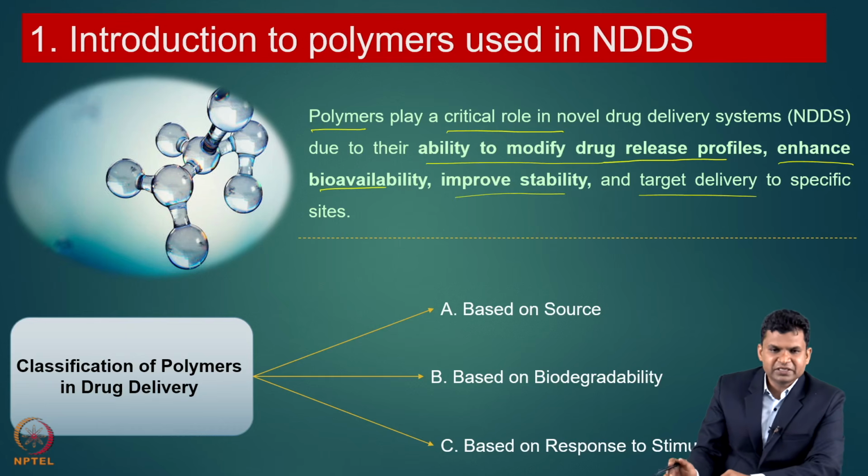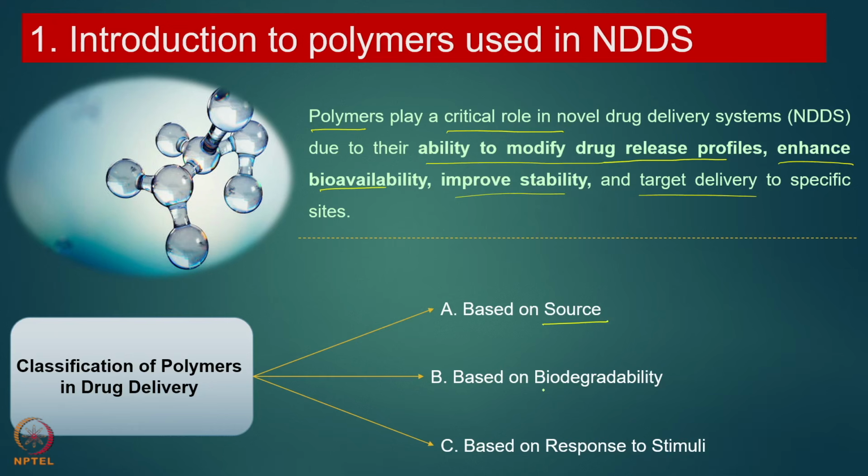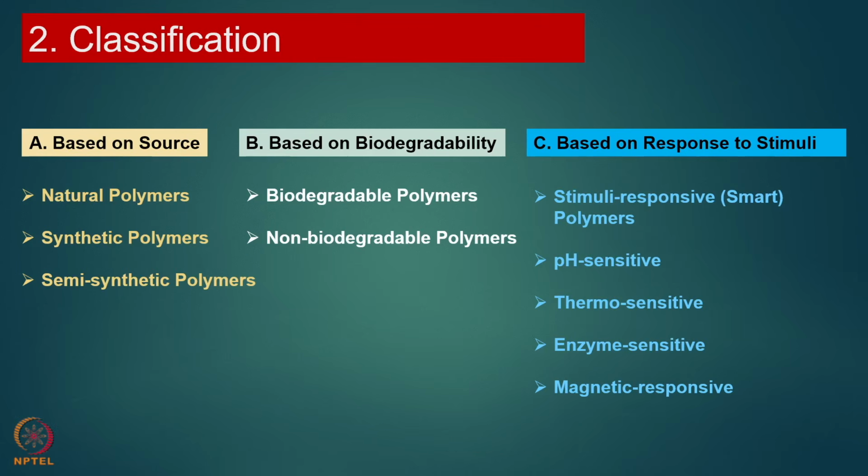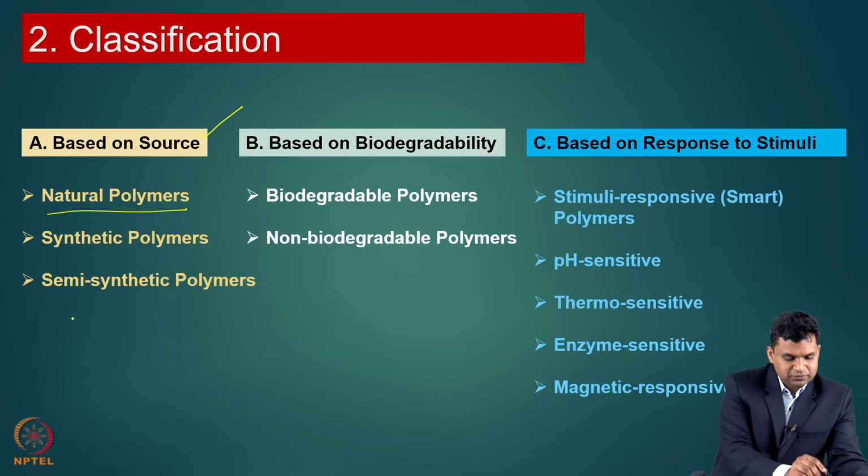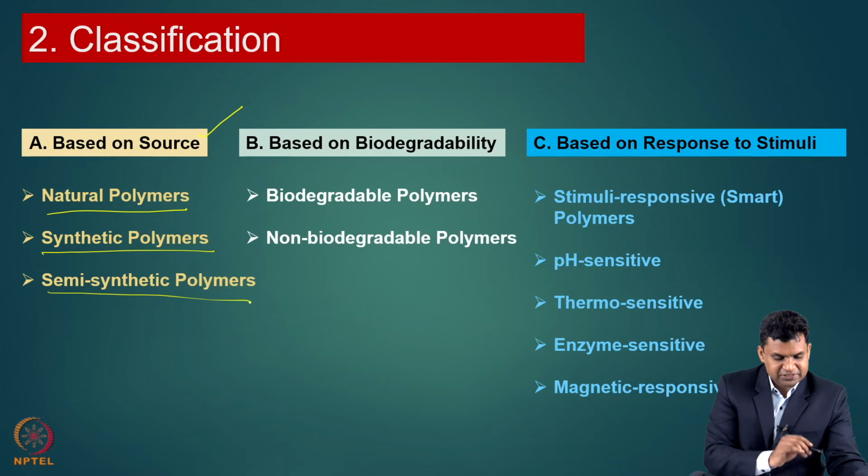So, here we can classify the polymers based on the source, based on the biodegradability, and based on the response to stimuli. A dedicated topic on response to stimuli is in another section, so we are not going to discuss that in today's presentation. Classification based on the source: natural polymers, synthetic polymers and semi-synthetic polymers.